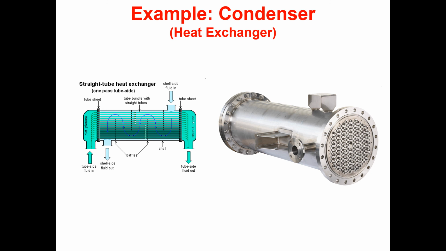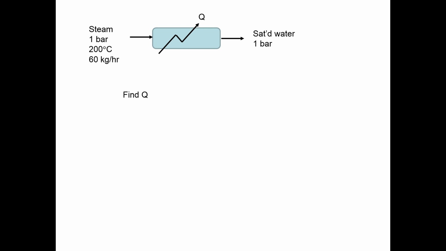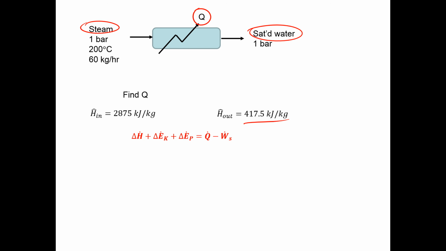Another example is a condenser heat exchanger. In this case, I have steam coming in and then maybe saturated water coming out. So I'm removing heat from the system. I want to be able to find Q. We know that enthalpy coming in is going to be 2,875. Coming out is less. We've cooled it down and condensed the water. So we write our energy balance.